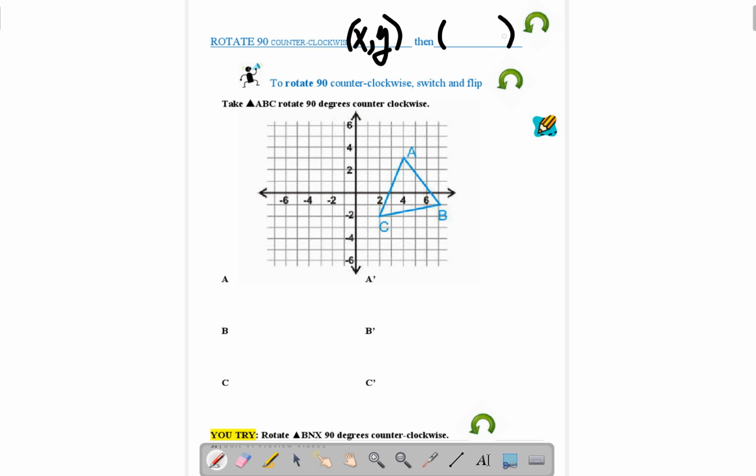To rotate 90 counterclockwise, you switch and flip to the left, because that's counterclockwise. So we're going to do Y and X, but we're going to opposite on the left-hand side.